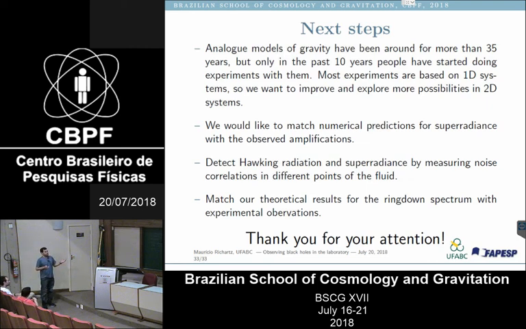So in some sense, we expect this to give new ideas to gravity, even though they are very different systems. Maybe here, by trying to see this ring down spectrum, we can give new ideas to LIGO people and so on.